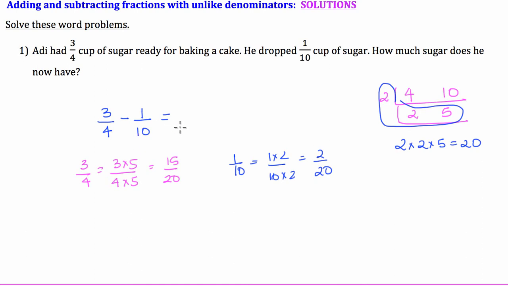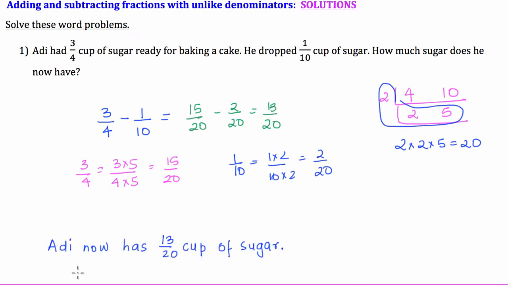So 3/4 minus 1/10 equals 15/20ths minus 2/20ths, and that is equal to 13/20ths. So our answer sentence will be, Adi now has 13/20ths of a cup of sugar.